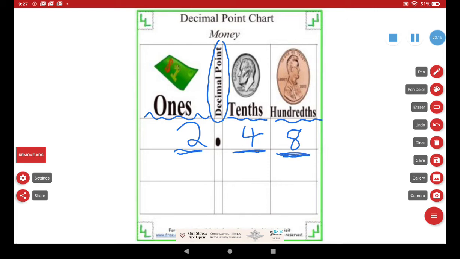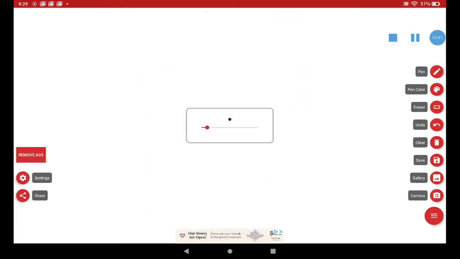Or I could look at it this way. That one I would read as $0.60 because I have $0 bills, 6 dimes, and 0 pennies.